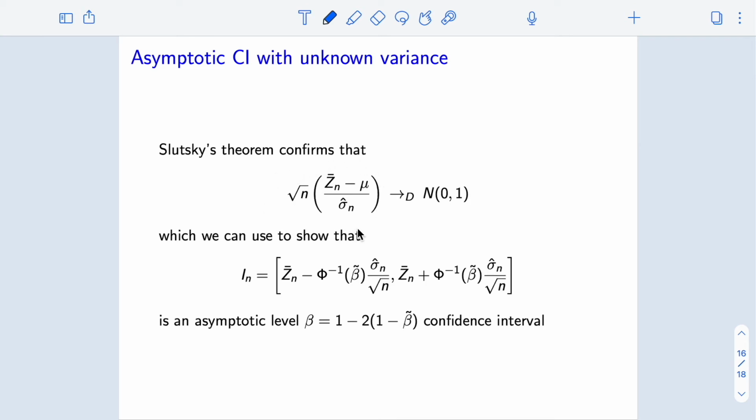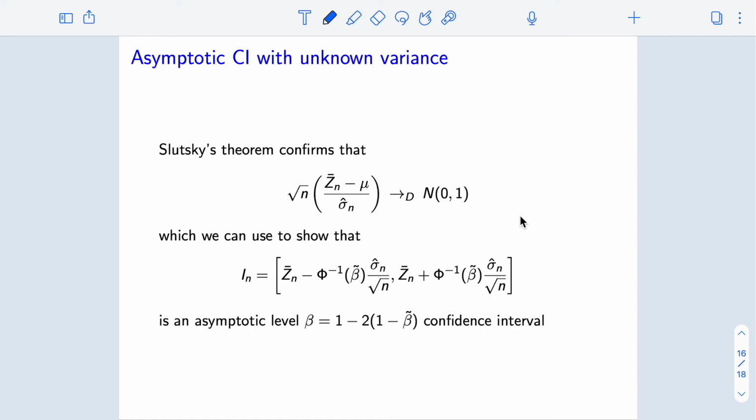So this confirms and gives us that if we look at this statement that is now scaled by the sample standard deviation, that will converge to a normal with mean 0, and here the variance is 1. The variance is going to be sigma squared over whatever this converges to squared, and we know this converges to sigma. So again, Slutsky's theorem combined with the central limit theorem gives us this very nice result that is very commonly used in applied statistics, without anyone really discussing that often Slutsky's theorem has to be combined with the CLT there.